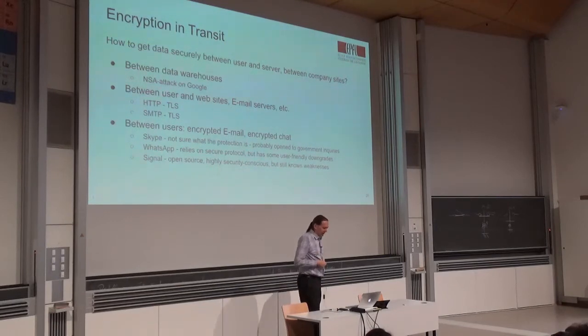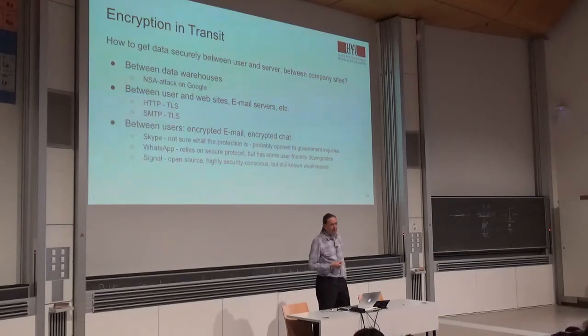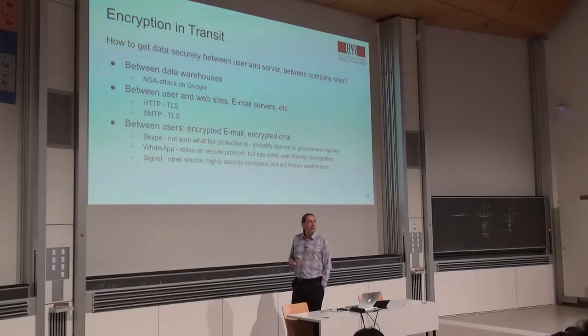Whereas other approaches like end-to-end encrypted messengers, Skype used to be in this class long ago in the heady peer-to-peer networking days before Skype was bought by Microsoft and turned into an evil monster.